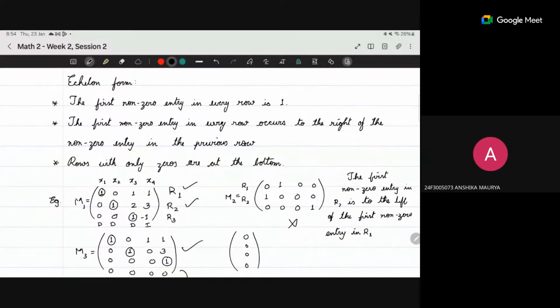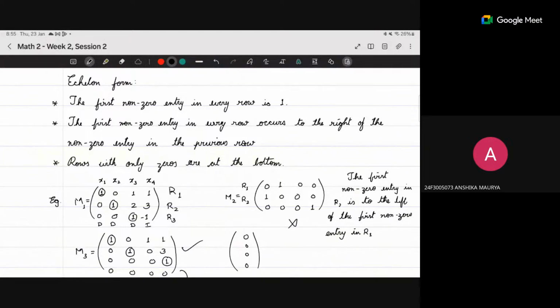In R1, R2 and R3, in all three rows, you see that the first entry is the circled one. Now the leading one in R2 is to the right of the leading one in R1. And the leading one in R3 is to the right of the leading one in R2. So that second condition is also satisfied.